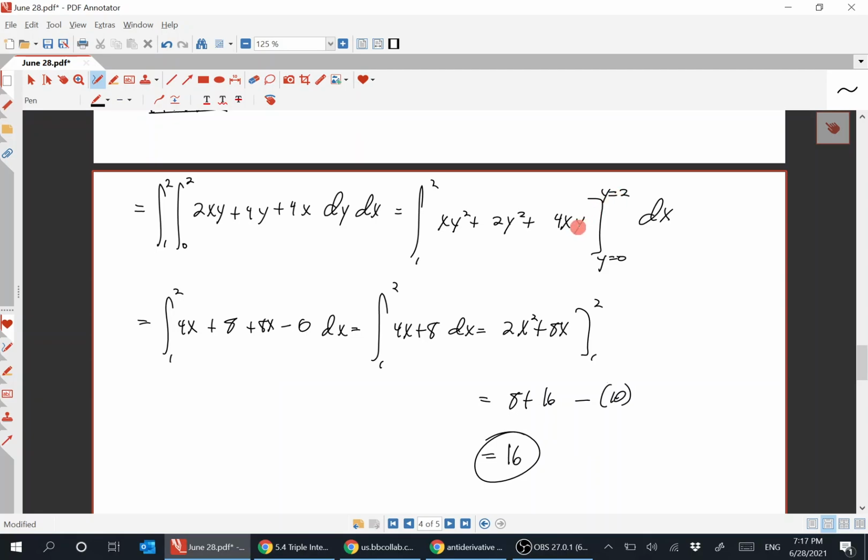It's y equal to 2. So 8x. So 4x plus 8x, that gives you 12x. So it's 6x squared plus 8x. So at 2, it's 24 plus 16, is 40 minus 10 is 30. Still not what I expected. What is going on here?